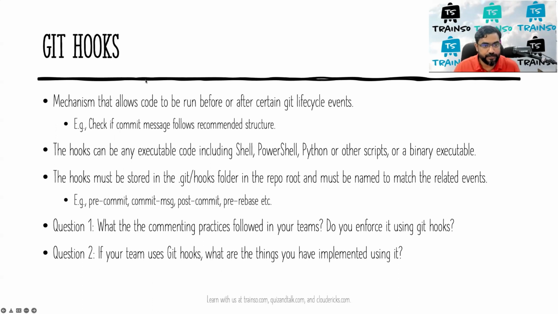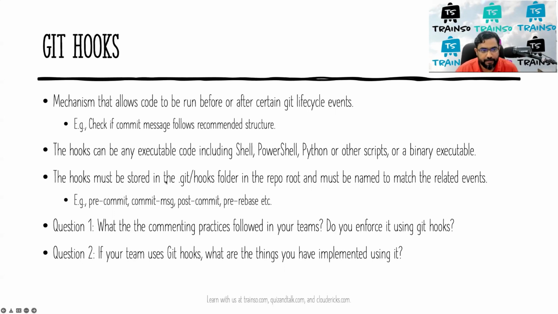A mechanism that allows code to be run before or after certain Git lifecycle events. For example, check if commit messages follow a recommended structure. I told you, right? Commit messages in some companies mandate that you have to use a valid bug ID or valid task ID from whatever task management you are using, whether it is Jira or Azure DevOps boards.